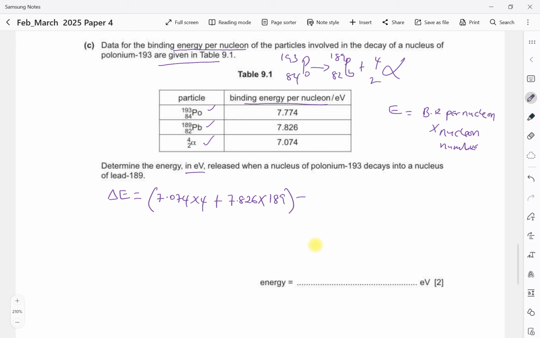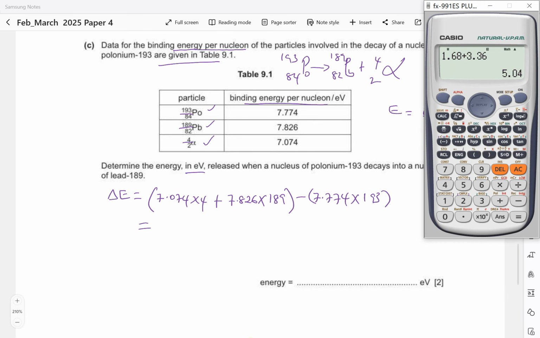Then minus energy on the left hand side, which is 7.774 times the nucleon number, which is 193. So I'm multiplying binding energy per nucleon times the nucleon numbers to find the difference in the energy, which is going to be the energy released. If the energy is released, it means that energy on the left of the products is smaller.